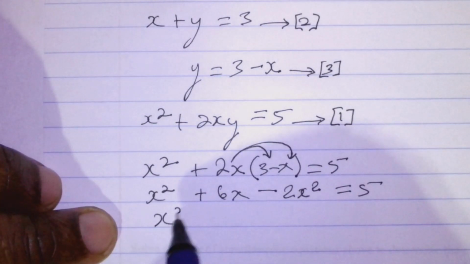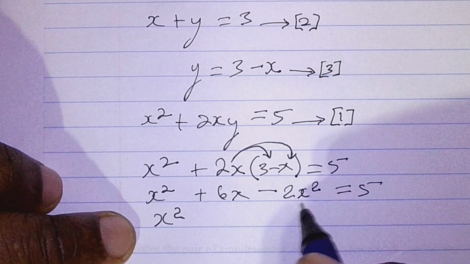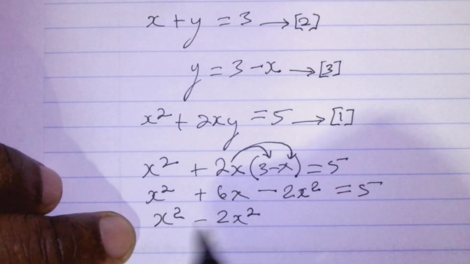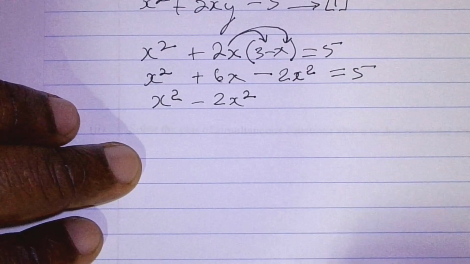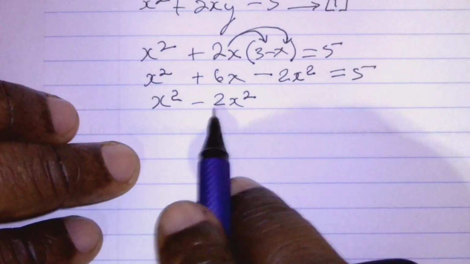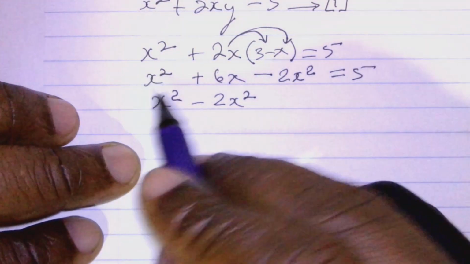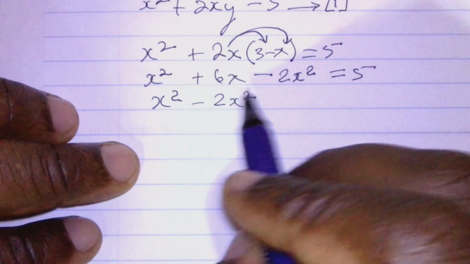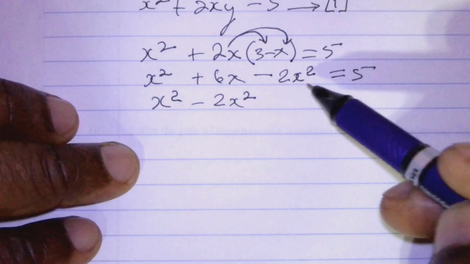So we're going to collect the x squared terms. So here we have another one. So these are like terms because they can be simplified by addition or subtraction. Okay, so x squared minus 2x squared. Now if you're asking why the sign didn't change, it's because we're still on the same side of the equation.